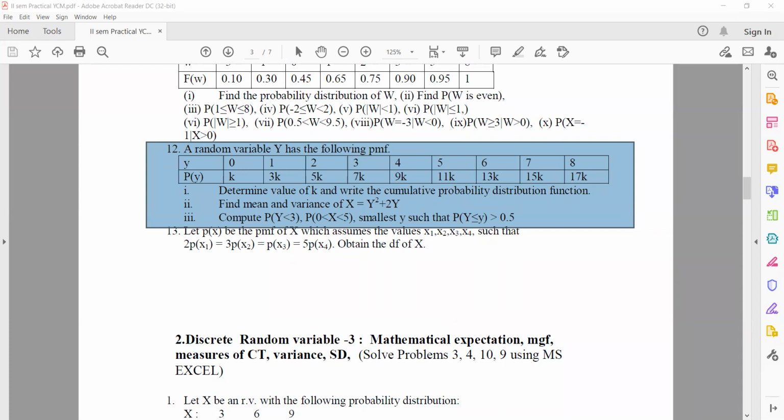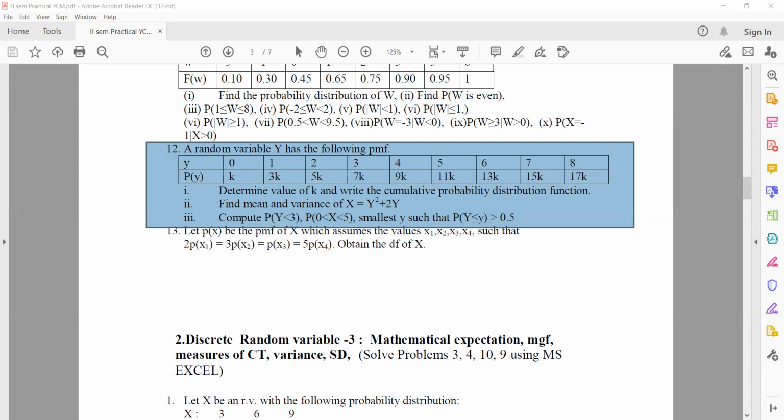So you have 81K is equal to 1, which implies K is equal to 1 by 81. So now you can write the probabilities.